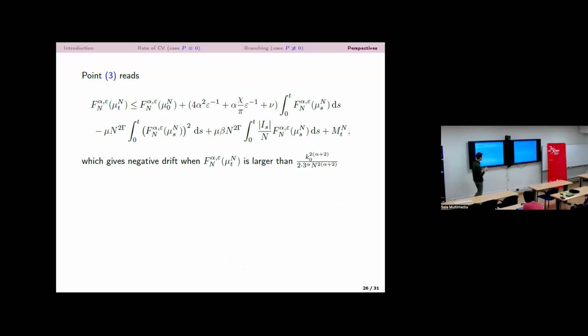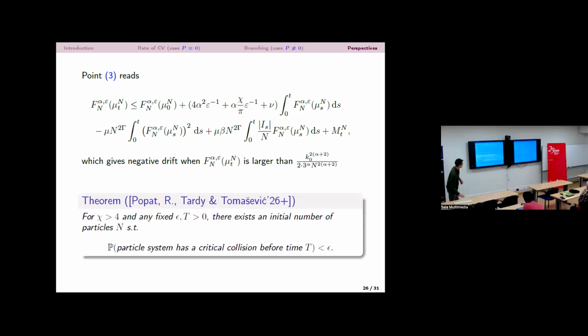But if you play nicely with the parameters, this term will win, and you can prove that you do not go up. Of course you have a stochastic term, which has jumps and so on, but as n is large it goes to 0, so you're more or less back to an ordinary differential inequality that you can manage.